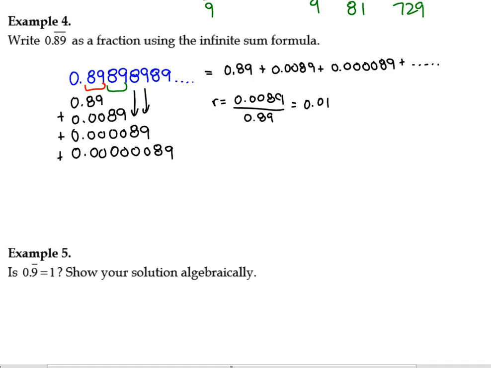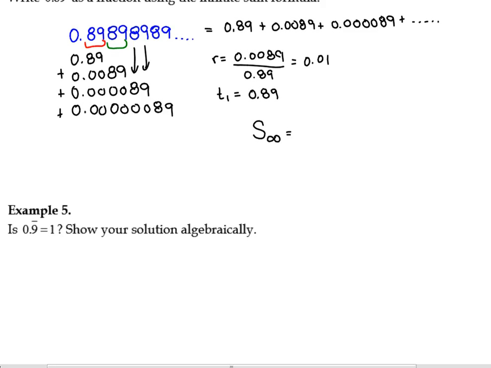Is that between -1 and 1? Yes, so therefore it is convergent. We can find the infinite sum. Our first term would be 0.89. So our infinite sum would be term 1 divided by 1 minus our r value.